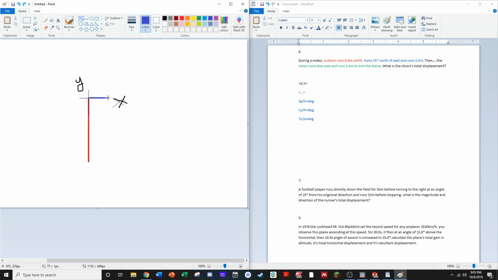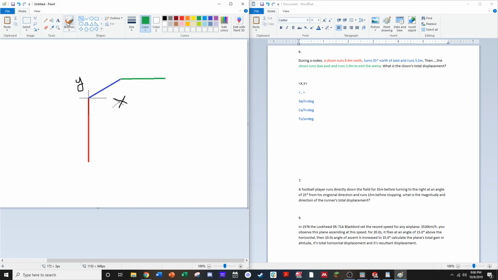So he travels east, and then he goes up 55 degrees north, and he does that for 3.5 meters. Now he's going to change direction again. We're going to do this one in green, and he goes directly due east for 5 meters.